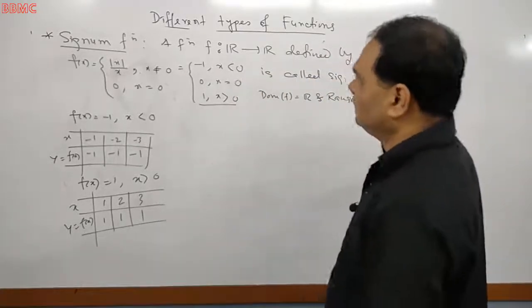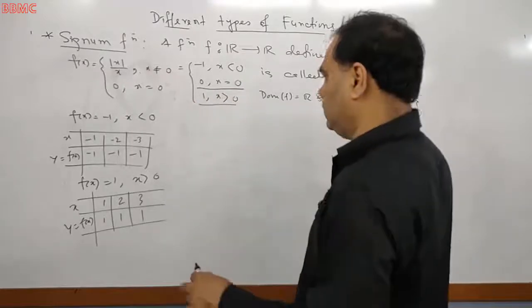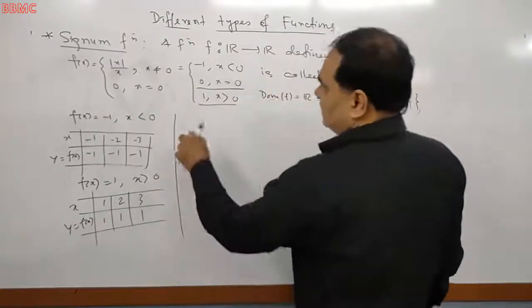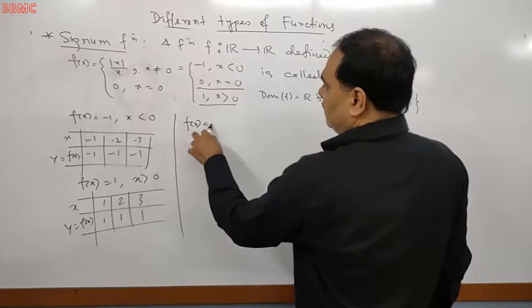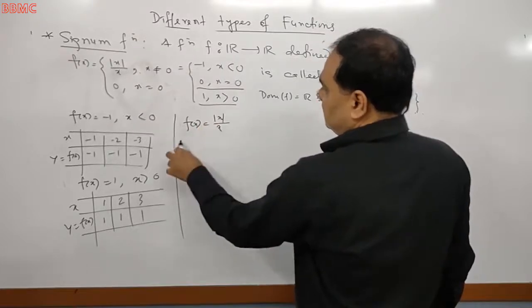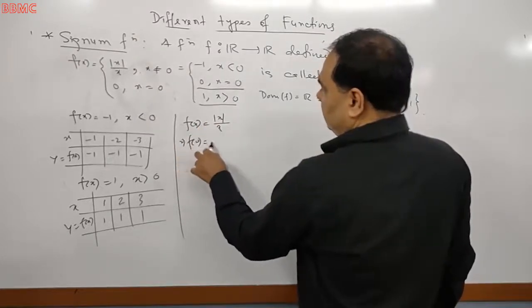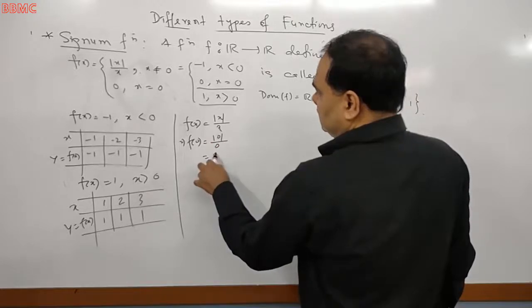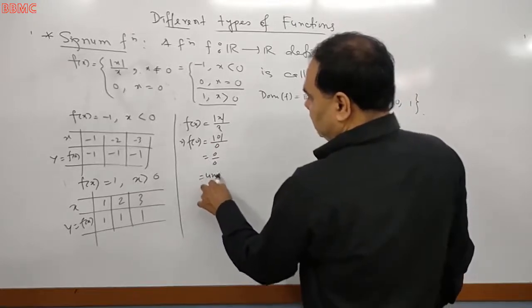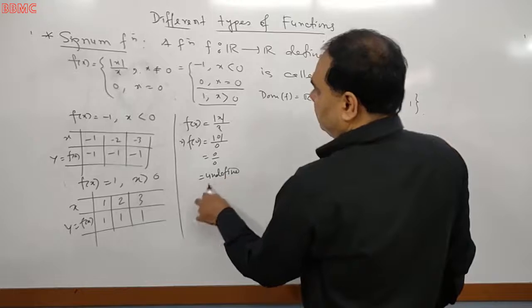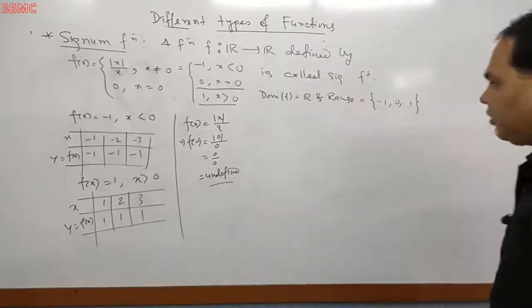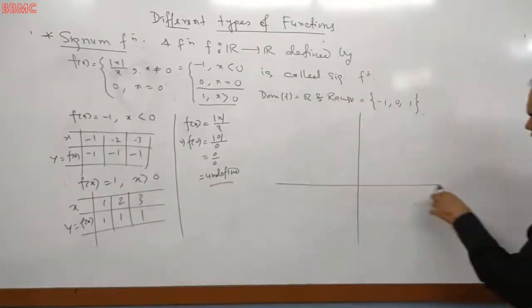So x is equal to 0, y is equal to 0? Remember, f(x) is equal to modulus x by x, so f(0) is equal to 0 by 0, which is undefined. Remember this.